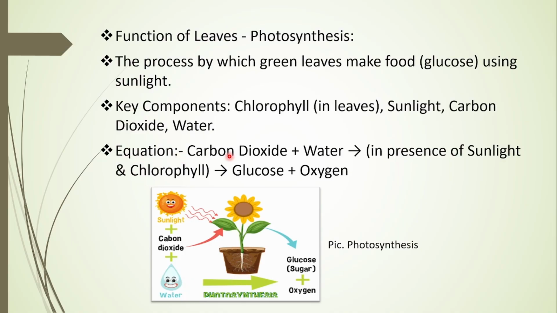The equation is carbon dioxide plus water in presence of sunlight and chlorophyll. It converts carbon dioxide and water to glucose, food, plus oxygen, which is required for our respiration, our life.